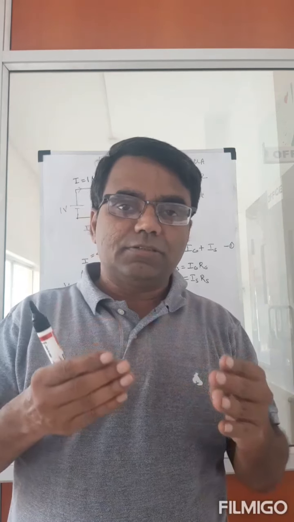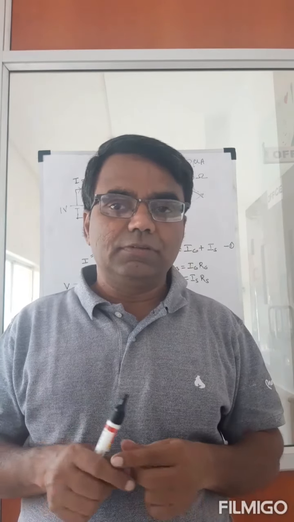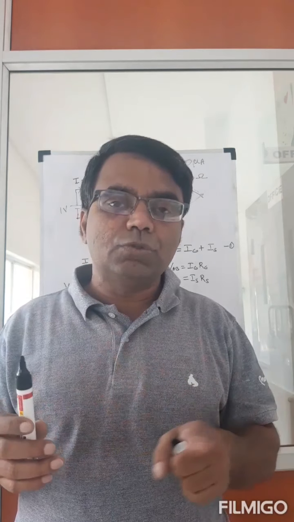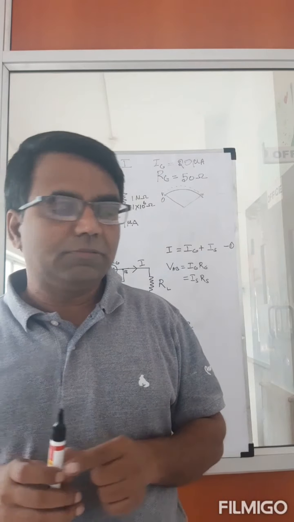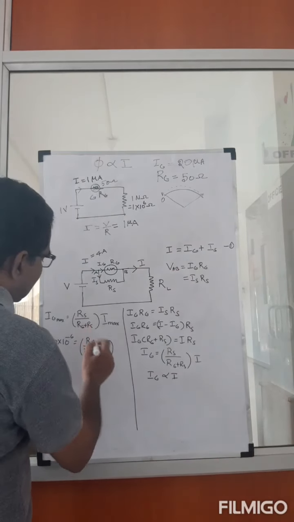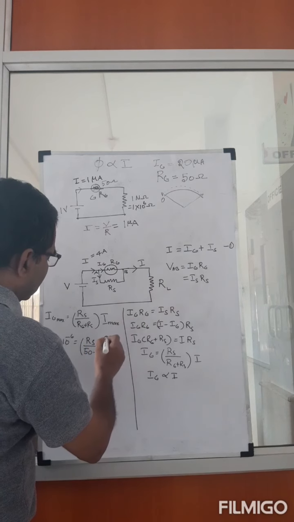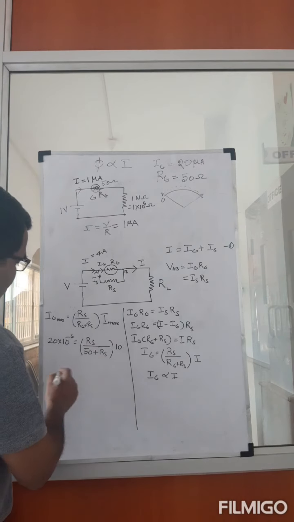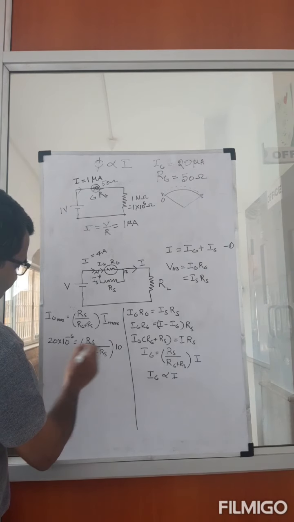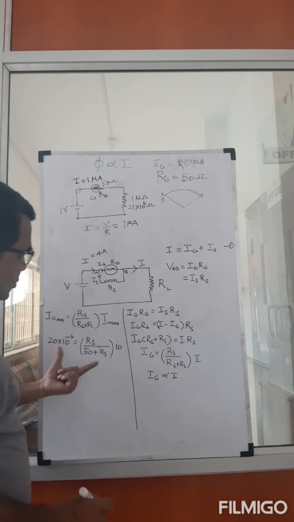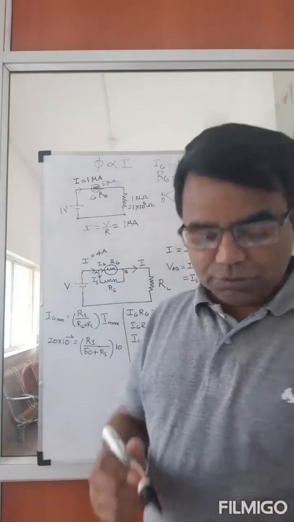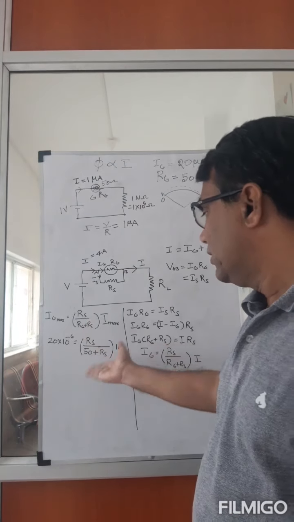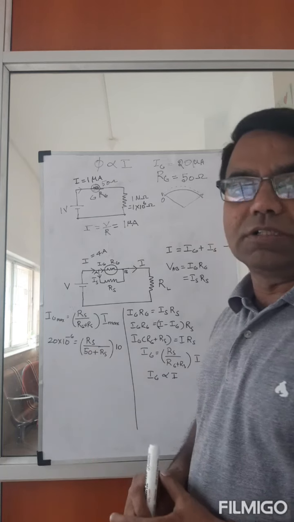When maximum current flows through the circuit, then maximum current flows through the galvanometer. Now this I max is 10 amps. I should be able to find the RS value using this. If we solve this equation, then I will get the value for RS.